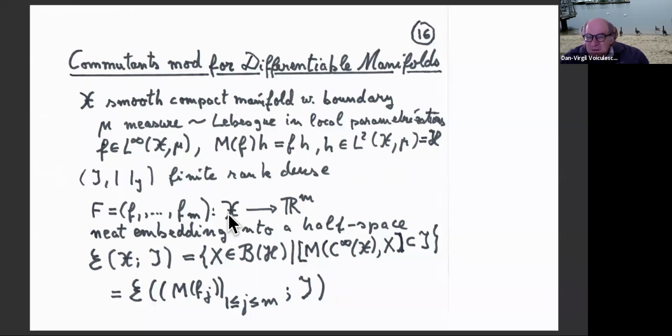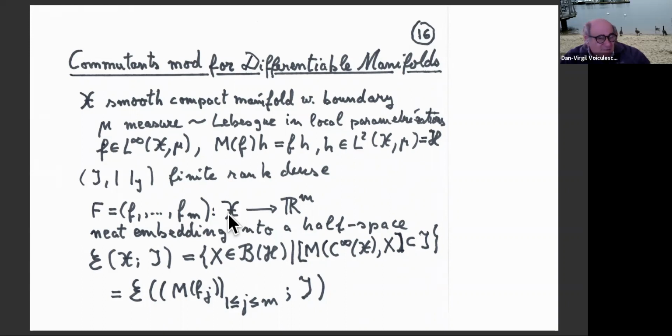Independently of what particular measure you choose, you have the L infinity algebra, and every L infinity function gives a bounded multiplication operator M_f in L2 of (X, mu).